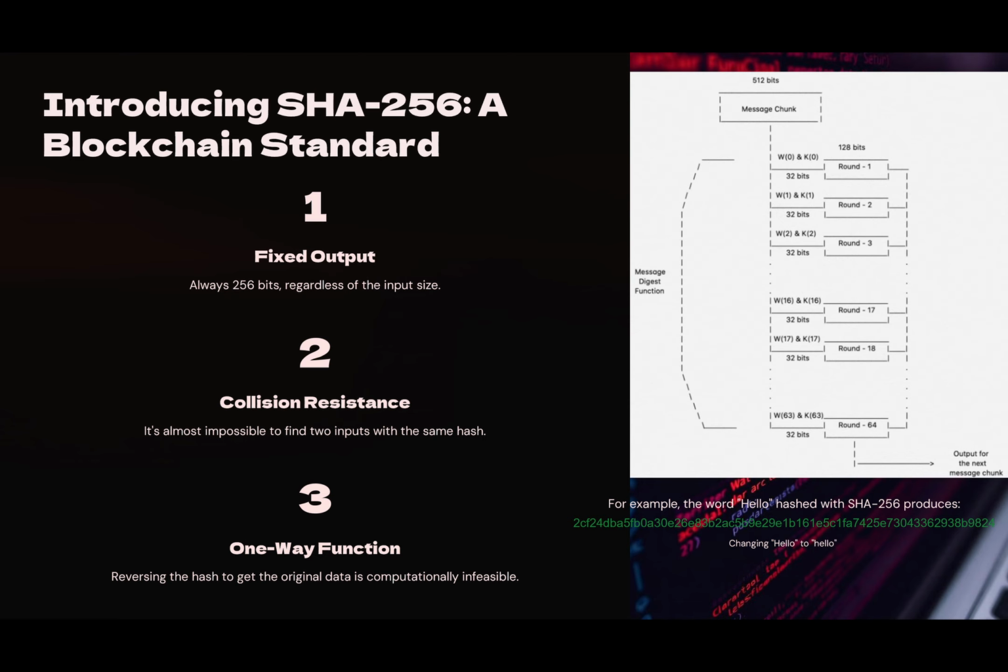The third is that it is a one-way function: it is almost impossible to reverse engineer the original data from the hash. This is the whole reason why we want to use SHA-256. For example, the word hello hashed with this algorithm will produce this whole string. And if we change the capital Hello to a small hello, it will create a completely different hash.